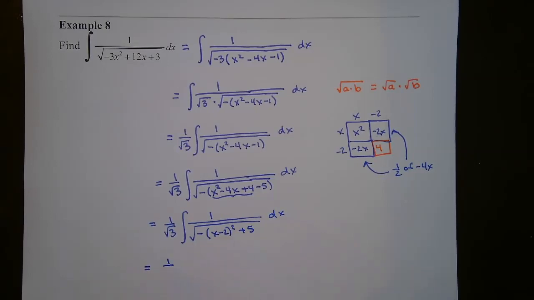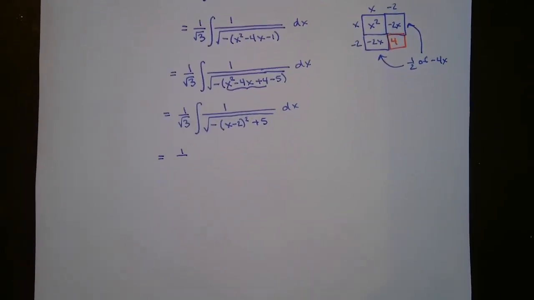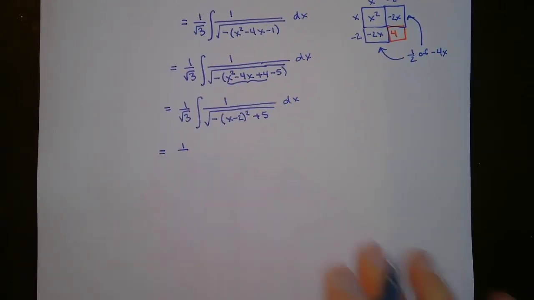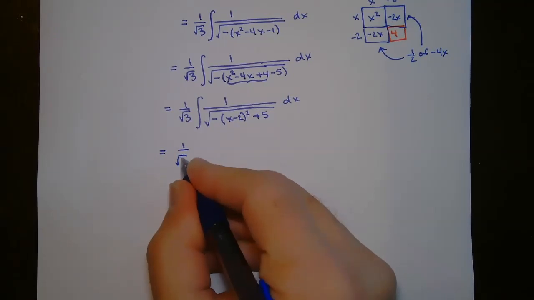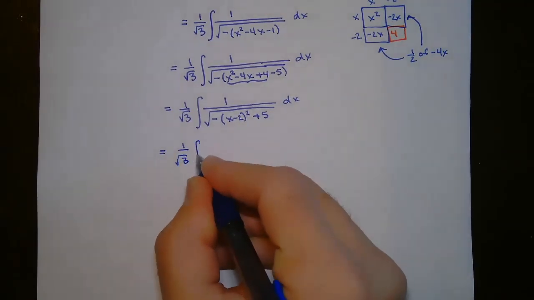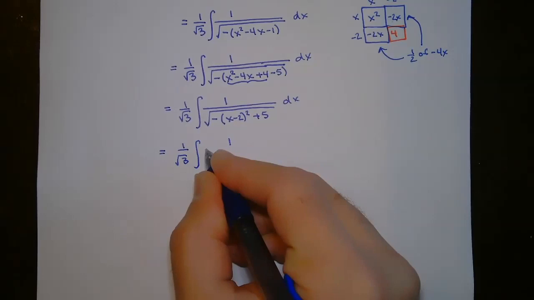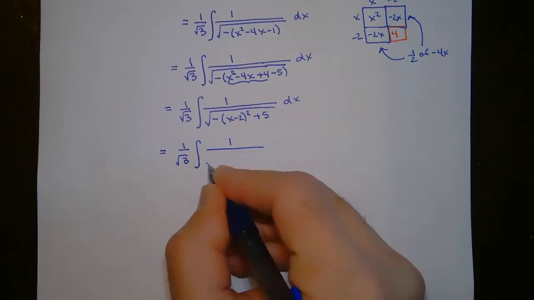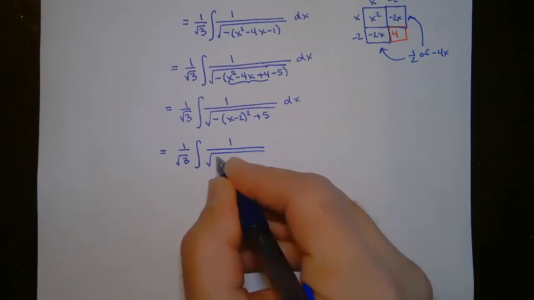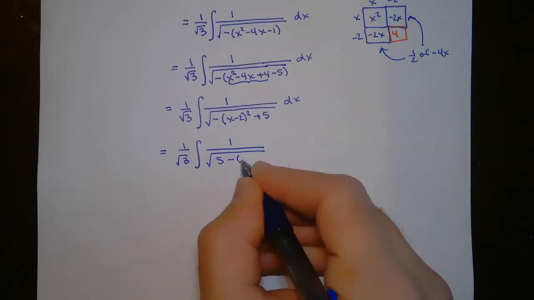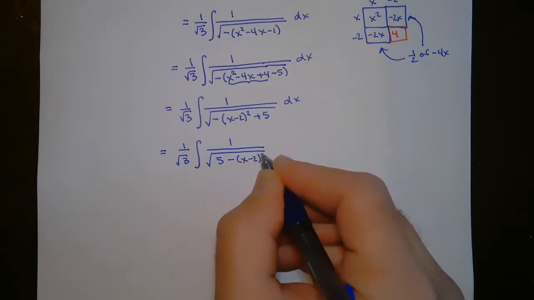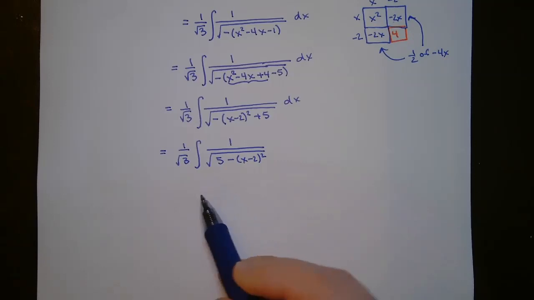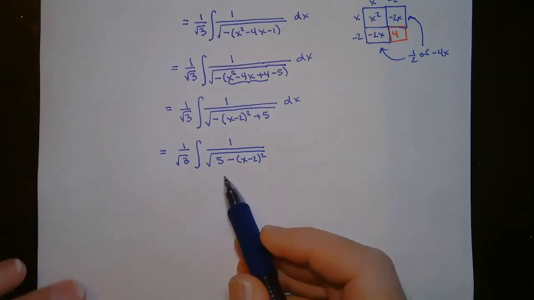And then the order is not correct, so I'm going to rewrite the order. So this would be 1 over the square root of 3, the integral of 1 over the square root of 5 minus x minus 2 squared. Okay, it's not of that form, a squared minus u squared, yet.